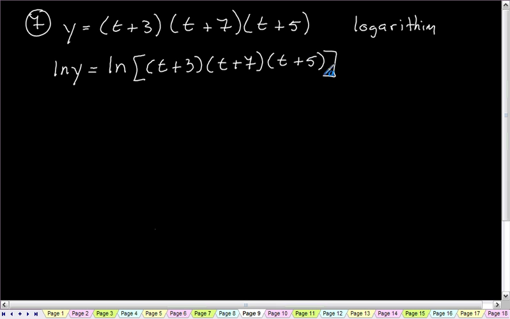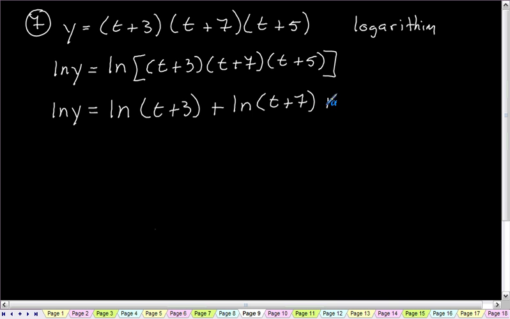Because of logs, you can continue to simplify this. Whenever you're multiplying within the parentheses of a logarithm, you can split it up: ln of (t plus 3), plus ln of (t plus 7), plus ln of (t plus 5).